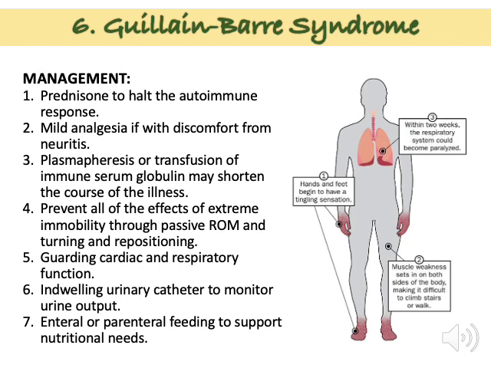Also, an indwelling urinary catheter can be inserted to monitor urine output, and the enteral or parenteral nutrition to support protein and carbohydrate needs. Treatment of Guillain-Barre syndrome, as you can see, is supportive until the process runs its course.